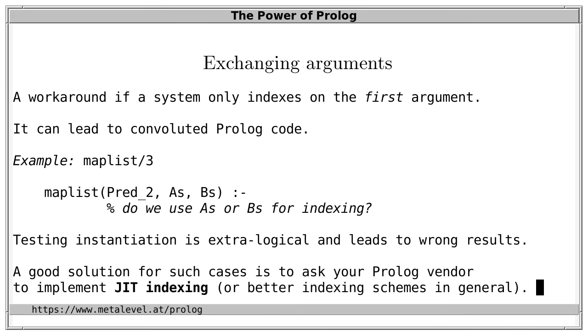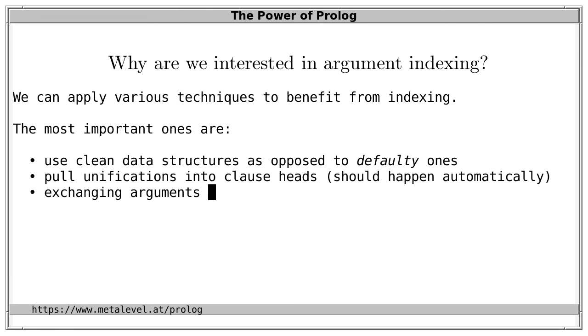Because, as already mentioned, when programming in Prolog, we'd like to take all the help we can get from the Prolog system, so that we can focus on other tasks. So, fortunately, exchanging arguments is made obsolete by better indexing schemes.